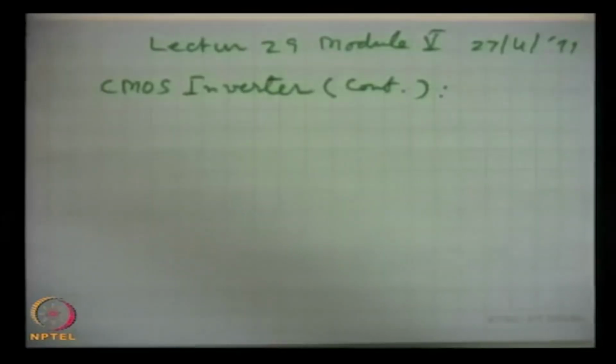Continue our discussion on CMOS circuits. Just to remind you, CMOS stands for complementary MOSFET circuits. In CMOS, we have PMOS and NMOS simultaneously present on the chip. These are very widely used circuits, and the most advanced circuits are actually CMOS circuits.